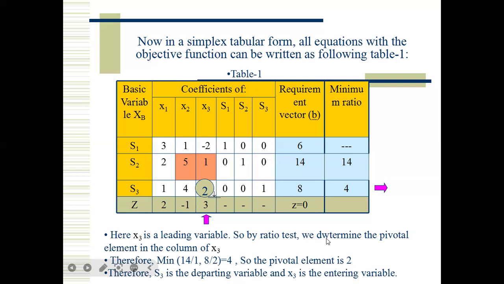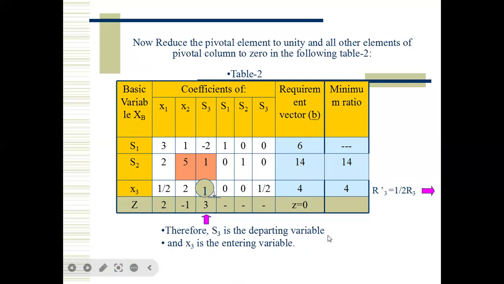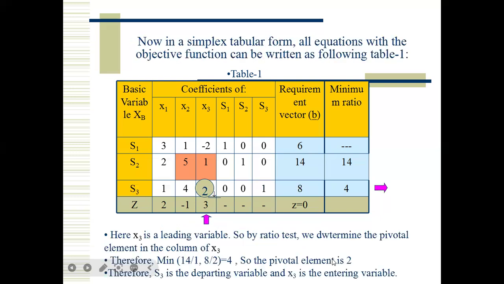So by the ratio test we can determine the pivotal element in the column of x3. This is the x3 column, and since 3 is the maximum in the z row, this column is the pivotal column. By the ratio test, we take the minimum ratio.